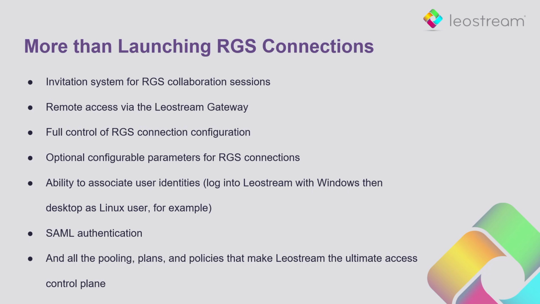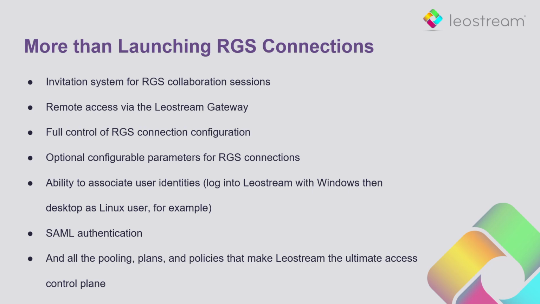There's some more features in Leostream around associating user identities. We see this come up in RGS environments where you want to log into Leostream using your corporate identity provider, but then you need to log into the desktop as a different user identity. But Leostream allows you to actually map those user identities together. So even if a generic user logs into the workstation, you know which physical user it is.